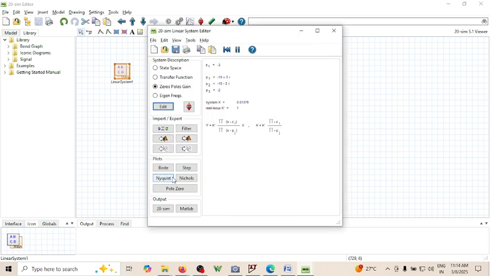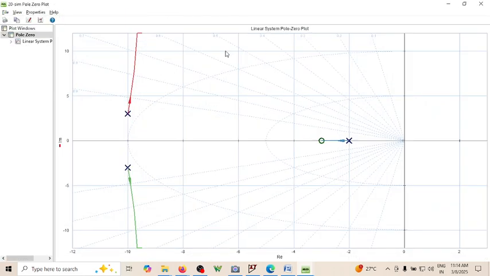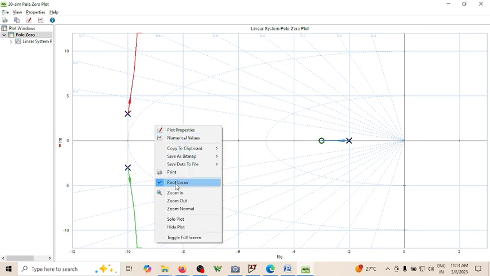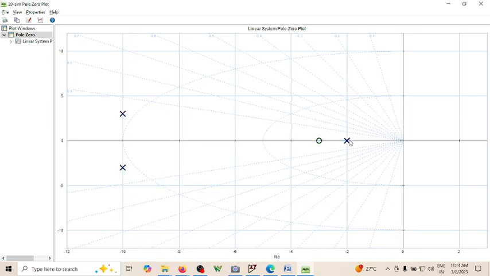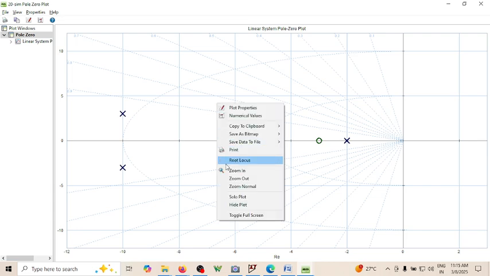See now, do you have poles and zeros here? Let me just take out this root locus. There is a pole here, there is a 0 here, there are 2 poles here. So where will this pole go? This will go here as k increases. Where will these 2 poles go? These 2 poles will go to infinity because their partner is at infinity. That is what this root locus says.